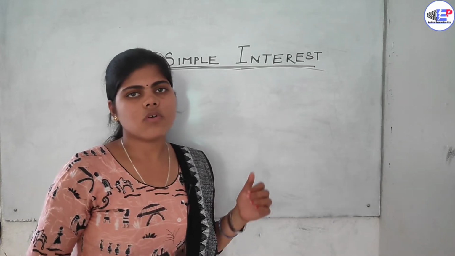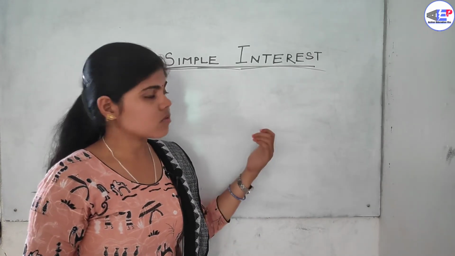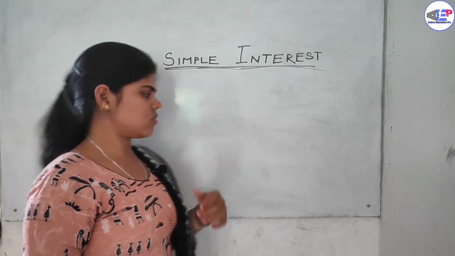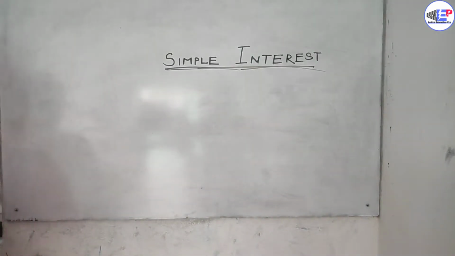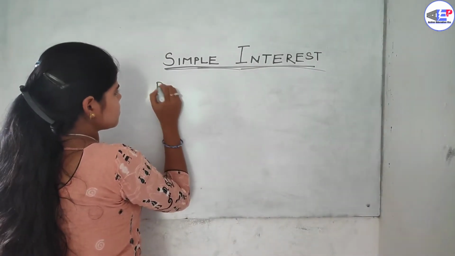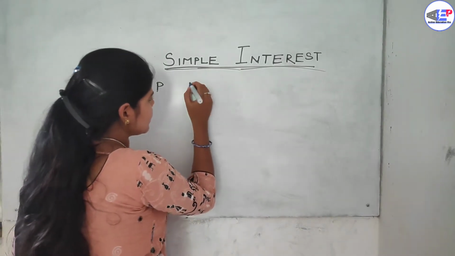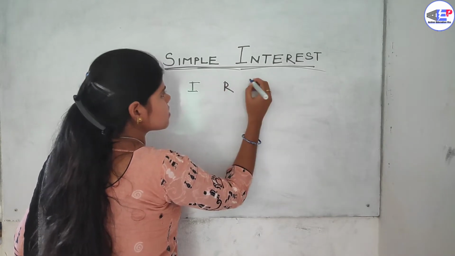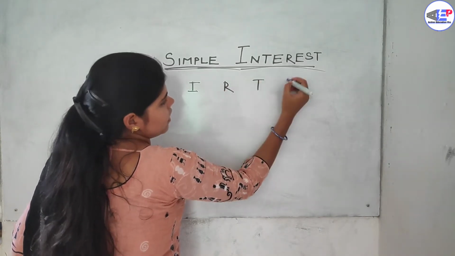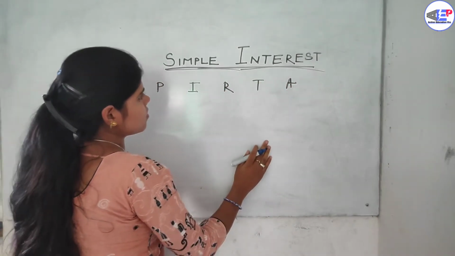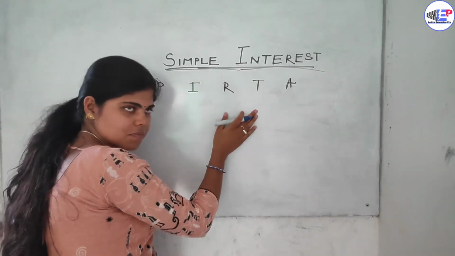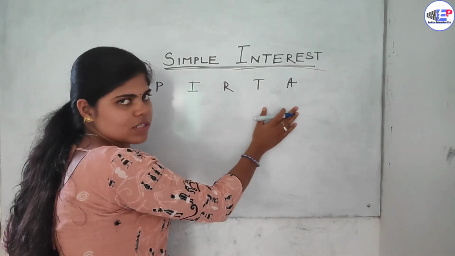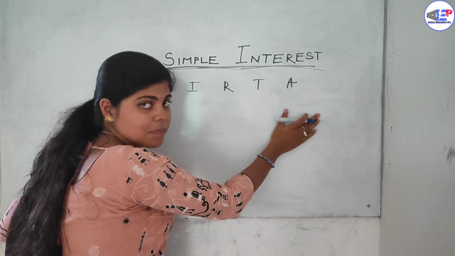So first let us know about the terms, the factors affecting this interest. First of all is principal, P, then interest, I, then rate of interest, R, time, T, and amount, A. Interest is all about these 5 letters.